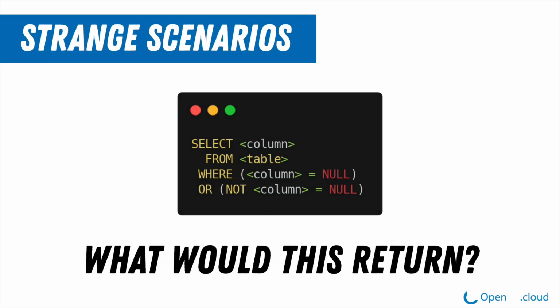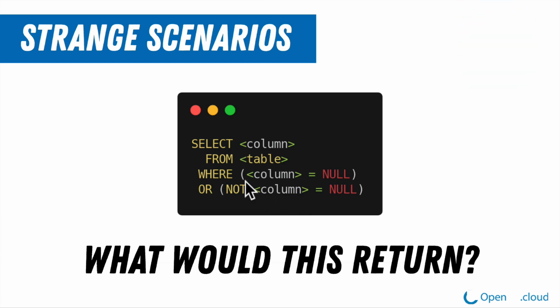So now let's get into some real strange scenarios, because the previous ones, although I called them strange, we basically all already knew what was going to happen because we looked at null coalescing and we understand how nulls work. But here, select column from table where column equal to null or not column equal to null. Well, what would this return? Pause the video here and think about it.